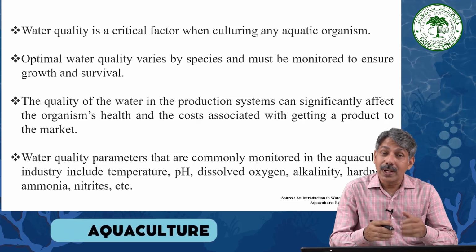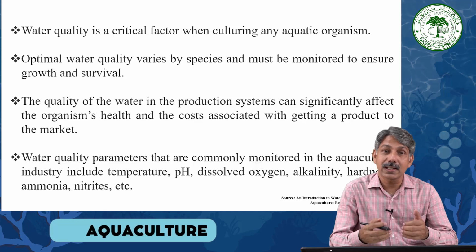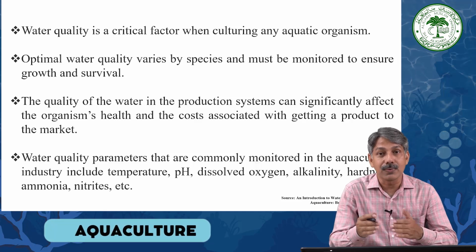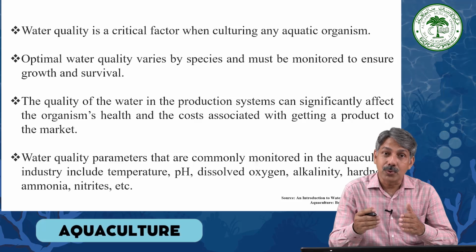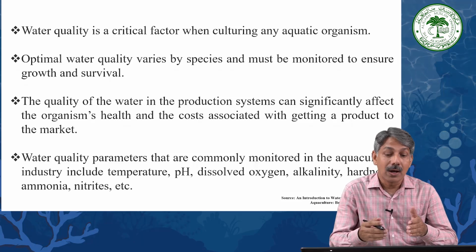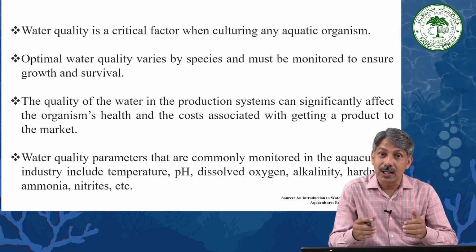Therefore, whenever we have to select any aquatic species for culture, either in freshwater or brackish water or marine water, we should have a better understanding of the quality of the water parameters in the water which we are going to use for aquaculture.